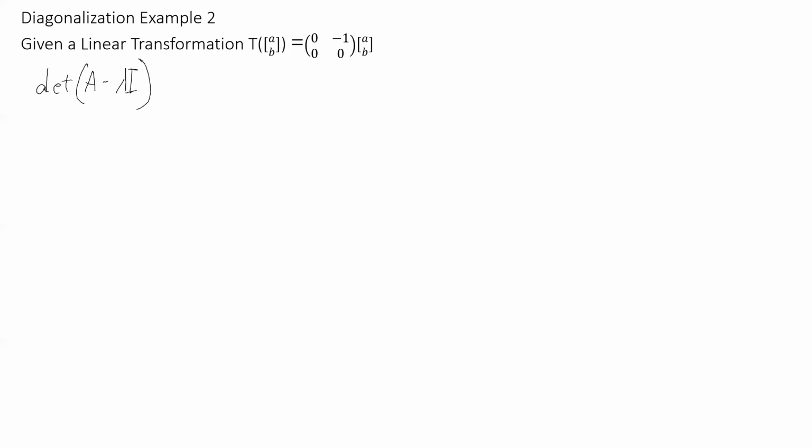Like we said before, we just put our lambdas in our subtracting piece, and the rest stays the same. That comes out to be just lambda squared, where we have lambda equals 0 as our solution.